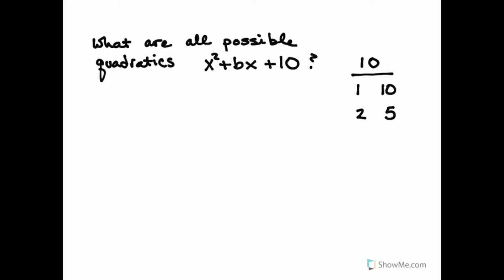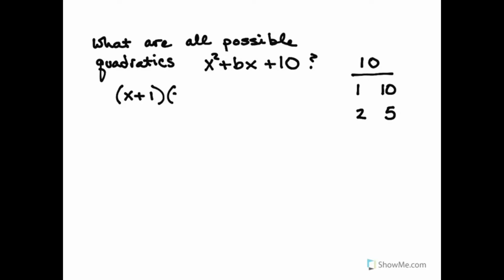Some quadratic expressions are not factorable. For example, 10 has only two factor pairs. So if I want to make a quadratic, x squared plus bx plus 10, I only have two ways to do it.